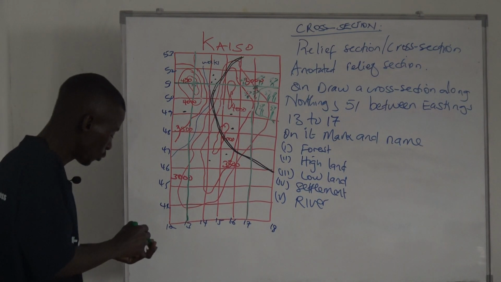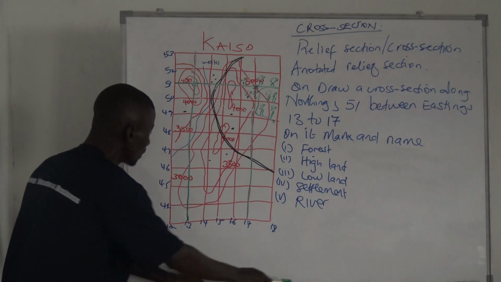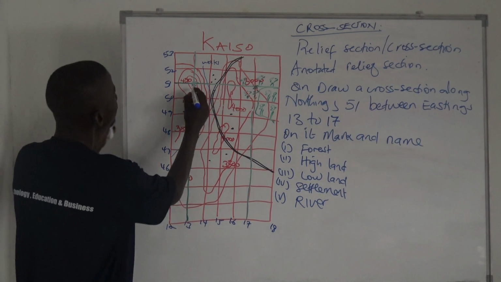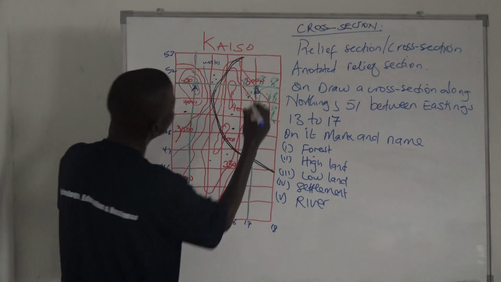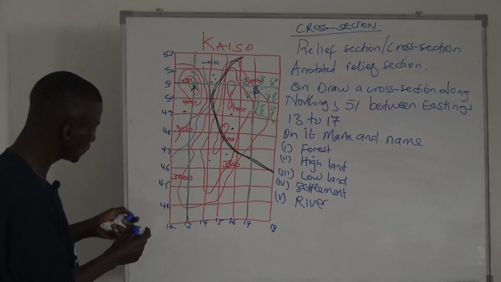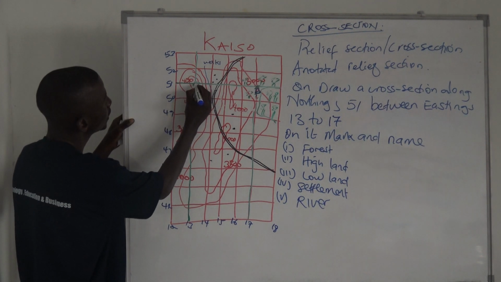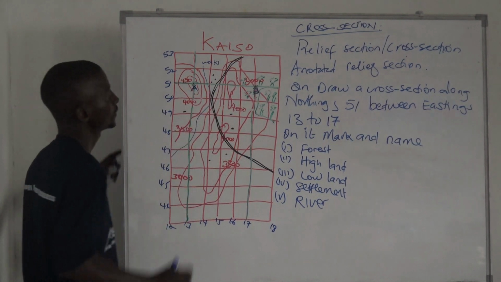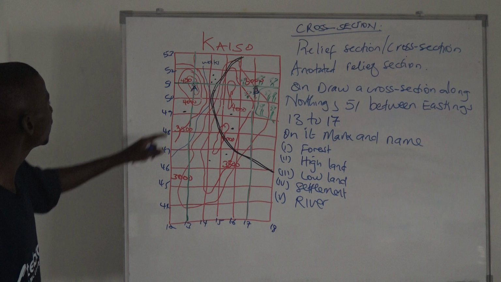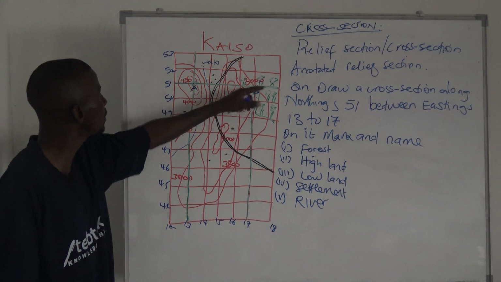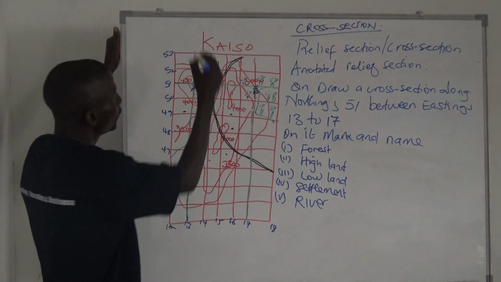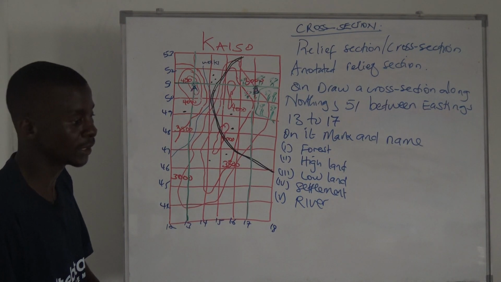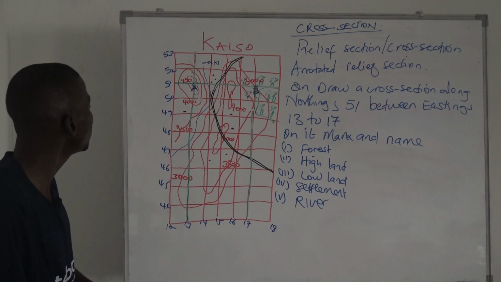So they want us to draw a cross section of an area between this point, point A, and this point, which is point B. So our cross section is going to lie between here and here. After identifying these two points, call the first point A and the other one point B.